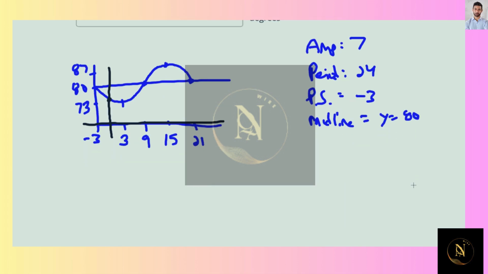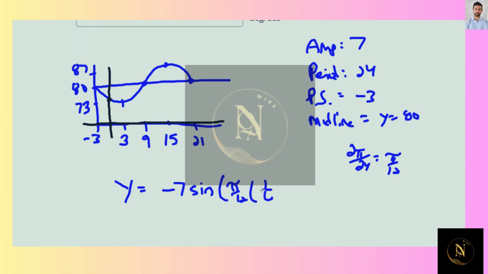So our equation would be y equals, that is a negative sine function that I am writing here, so it'd be -7 sine. The period is normally 2 pi, but if it's 24, we gotta scale by pi over 12 times, I'll use x plus 3 to take it back 3, and then plus 80.